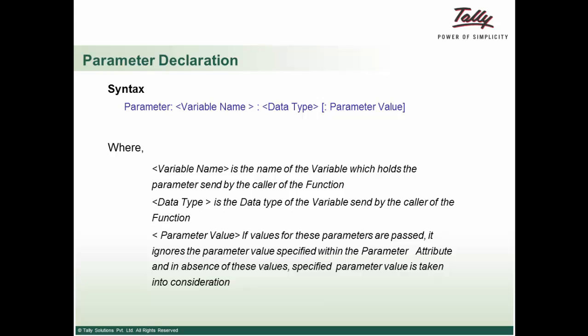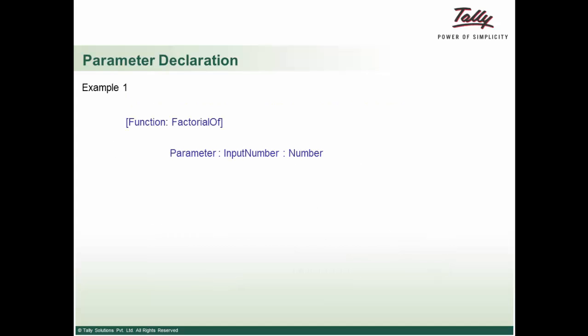So, if the user provides the input and the parameter value exists, the user input will have the higher precedence. However, if the user leaves the field blank, then it will take the parameter value as the default value. So this is one example: parameter colon the parameter name colon the data type.